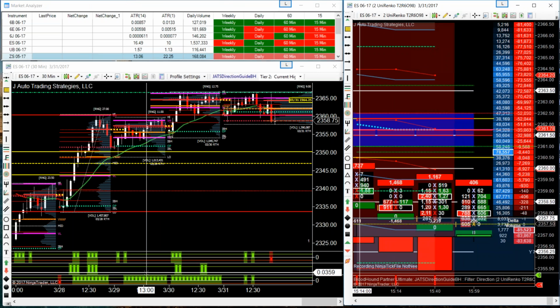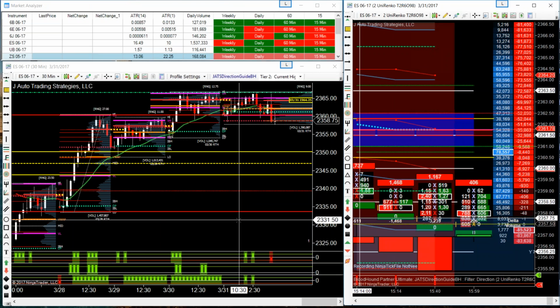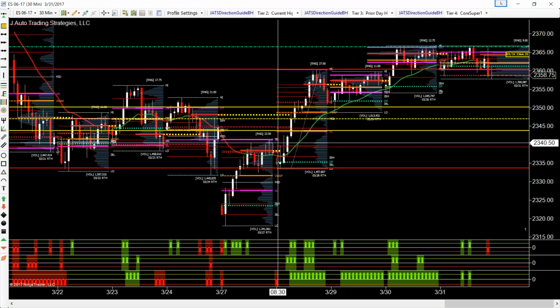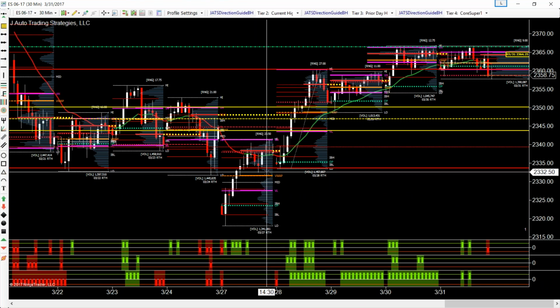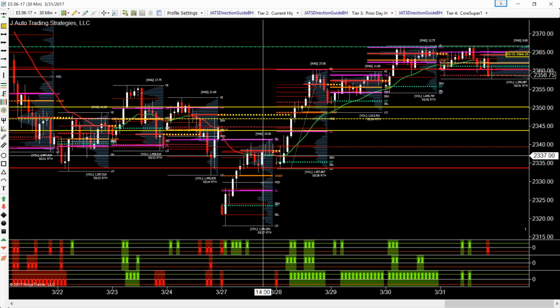So use the templates on your own indicators, mix and match, get a system, stick to that system per markets, because the markets trade differently, and get to understand how your market reacts to these prior levels.